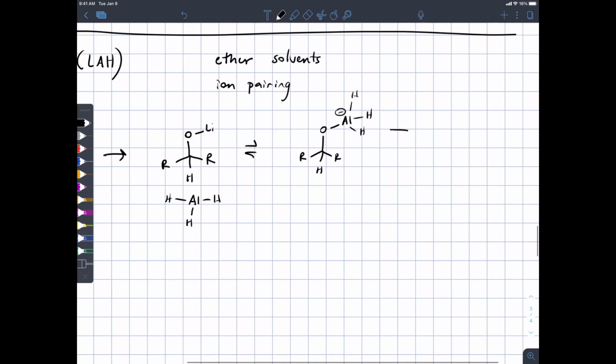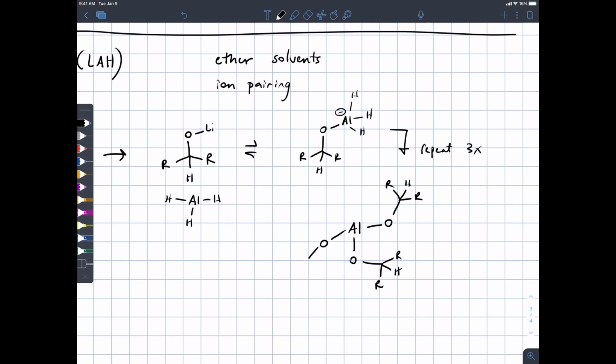So now we can repeat 3 more times until the aluminum is bound to 4 different oxygens. So one equivalent of lithium aluminum hydride can reduce 4 equivalents of ketone.